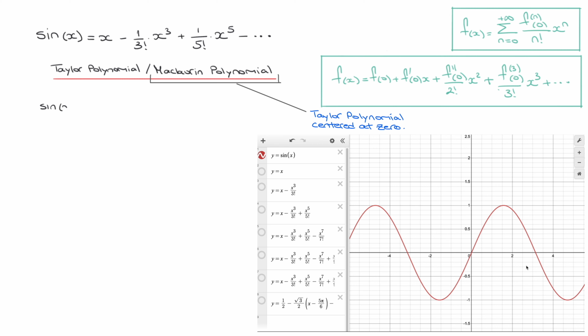We'd have sine of x, which is equal to 0 plus x plus 0x squared, minus 1 over factorial 3 x cubed, plus 0x to the power of 4, plus 1 over factorial 5 times x to the power of 5, and we could carry on forever that way. And now looking at this Maclaurin series, a Taylor or Maclaurin polynomial for this series is a partial sum of the terms that we see inside this series.